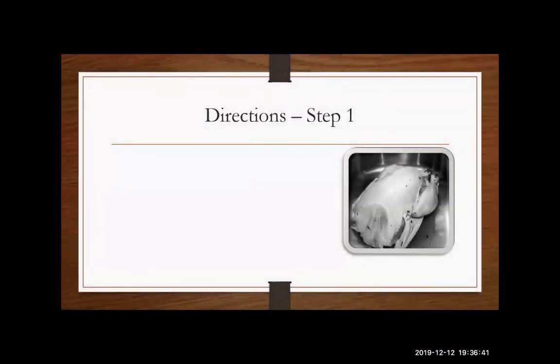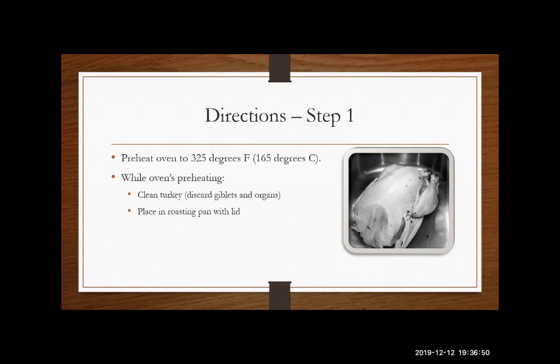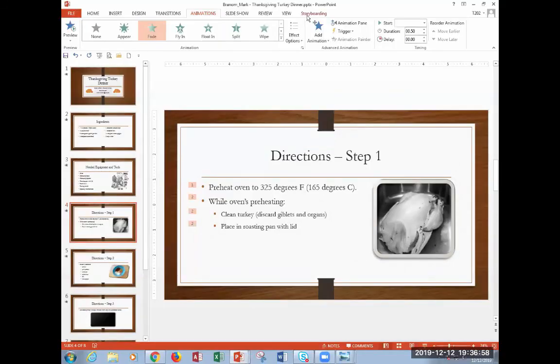Now the problem with that is that it'll end up looking like this. It'll look like this, and then it will look like this, which is good, but then it'll go and show everything. And I think it would be better to have clean turkey in pan happen after it says while the oven's preheating. So to fix that, I need to open up the animation pane.